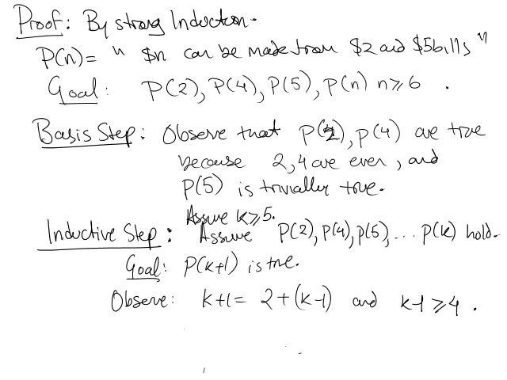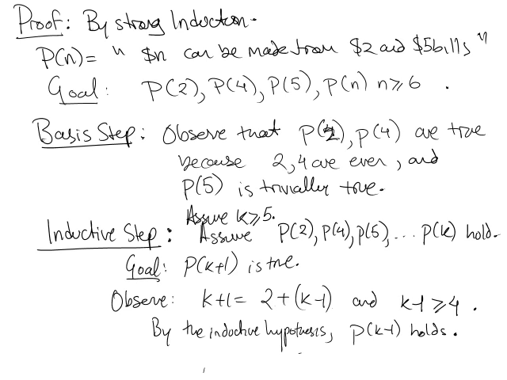And now the point is, by the inductive hypothesis, P of k minus 1 has to be true, because it's at least 4. So what that means is that there's a way to write k minus $1 in $2 and $5 bills. But now we're done, right?